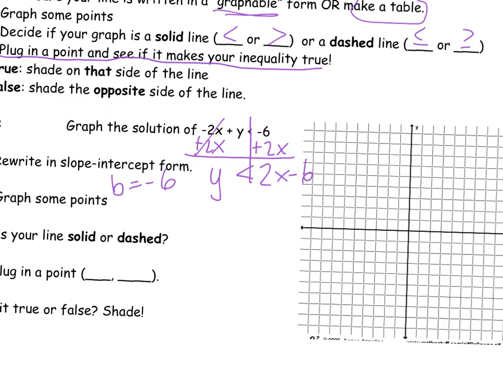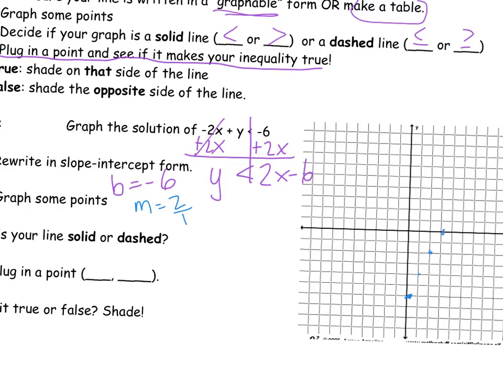Negative 6. 1, 2, 3, 4, 5, 6. Oh, that's a terrible point. And then my m is 2 over 1. So rise 2, run 1. Rise 2, run 1.